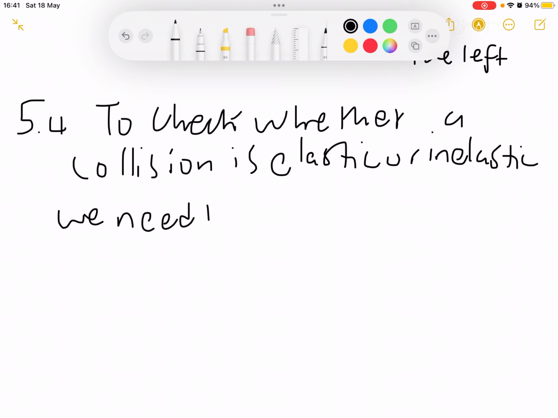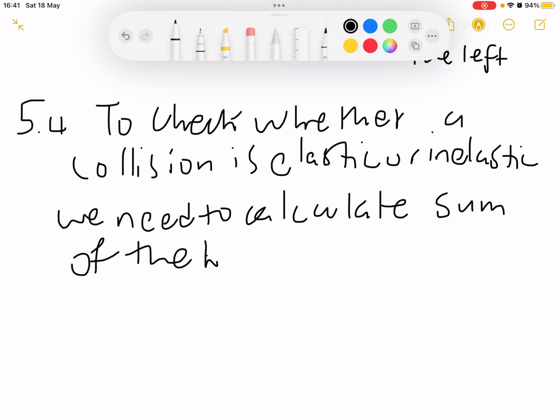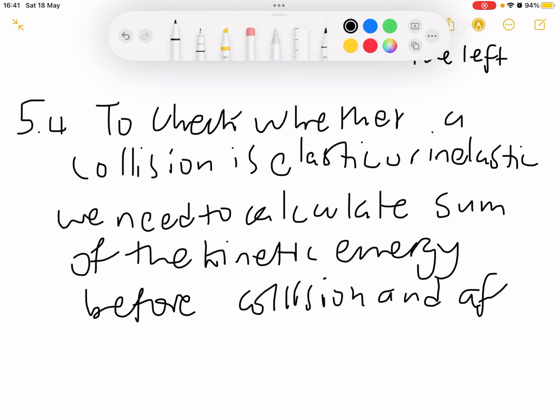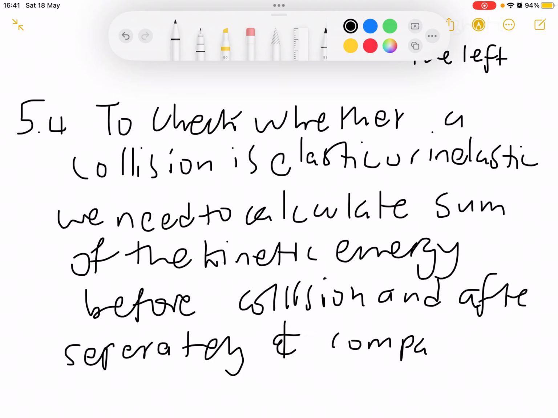We need to calculate the sum of the kinetic energy before collision and after, separately, and we compare and make a conclusion.